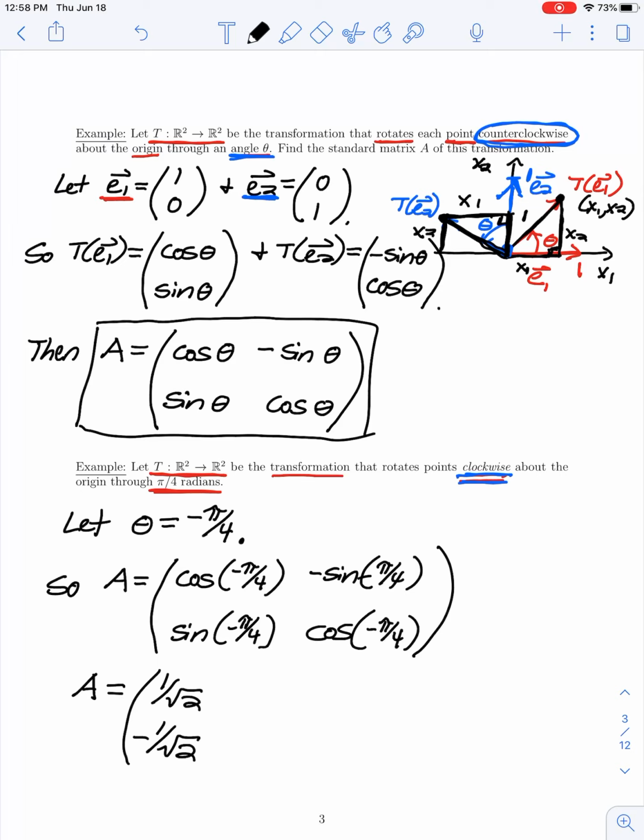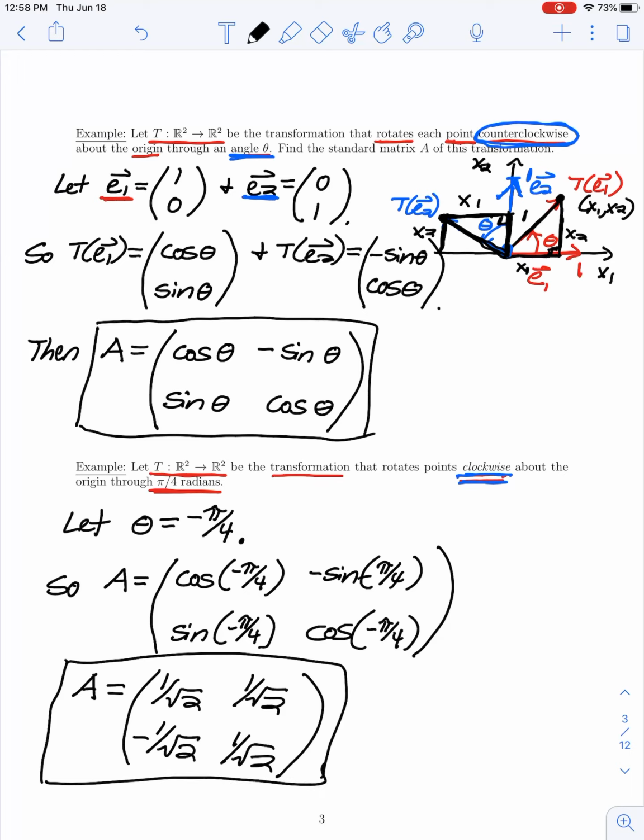In our second column, we're just changing the signs of values that we've already found, so I would have a positive 1 over root 2 and 1 over root 2. This would be the matrix A describing that transformation.